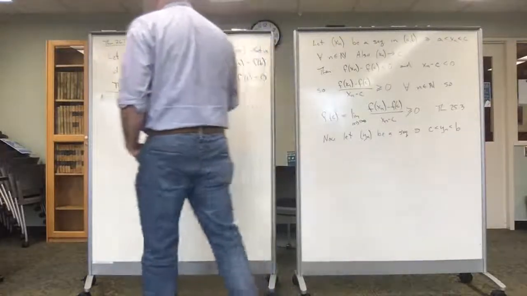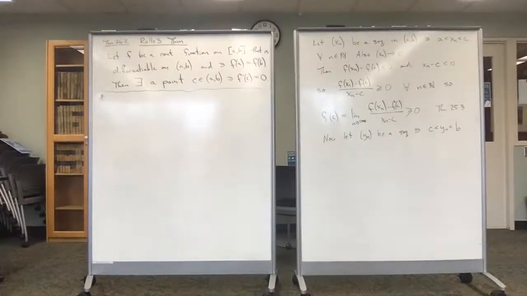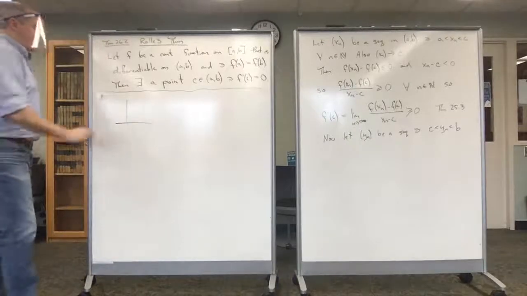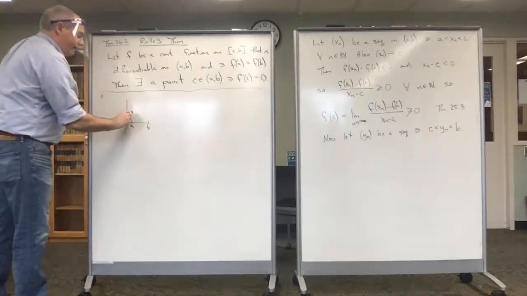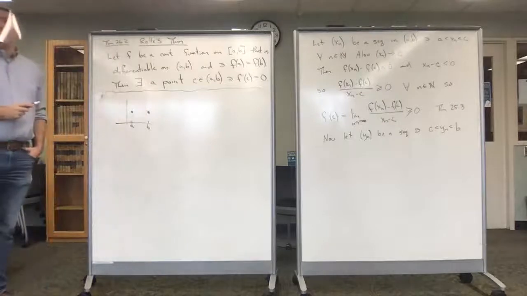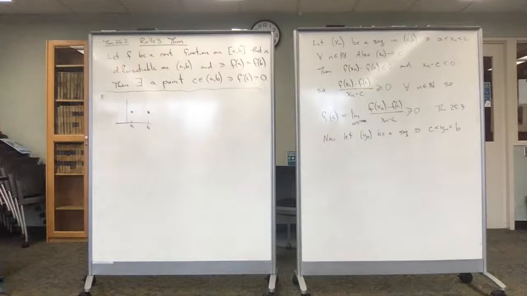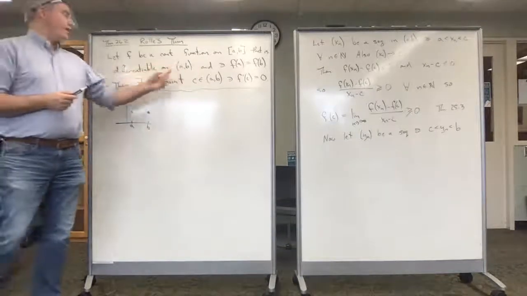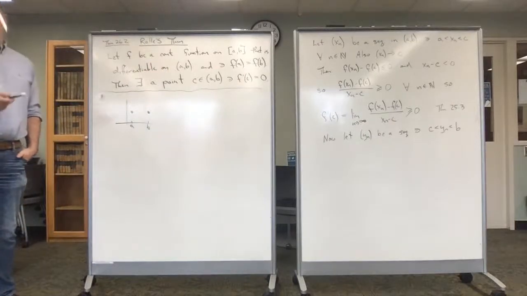But before I prove this, let's just take a look at it and see what it's saying. What it says is, if you have your axis and you have a point A and a point B, and f of A and f of B are the same thing, then, given that the function is continuous on AB and differentiable on the open interval from A to B, somewhere in between the derivative needs to be 0.